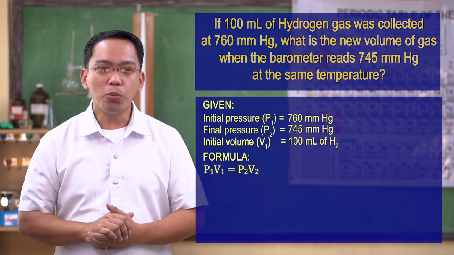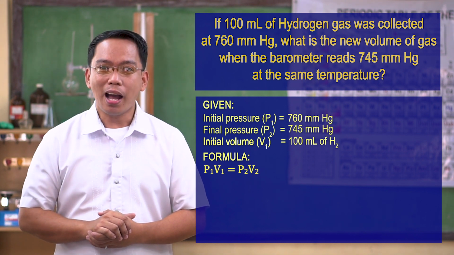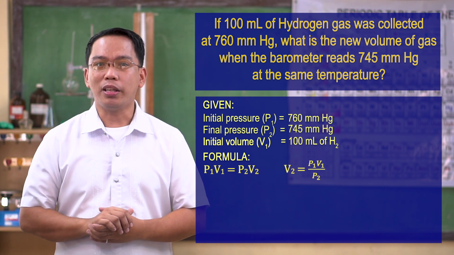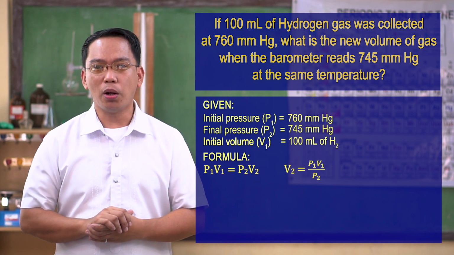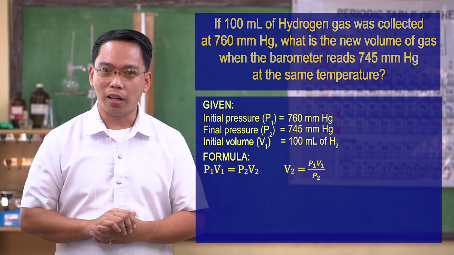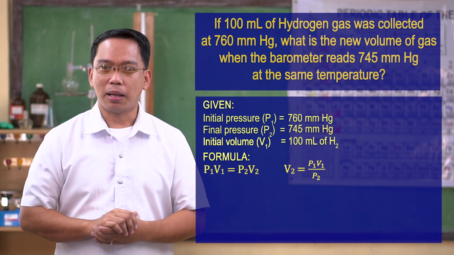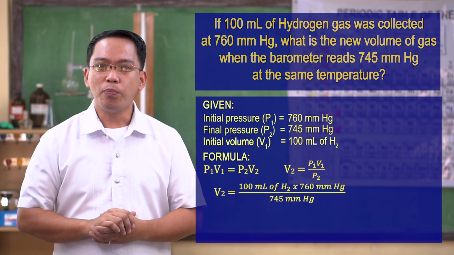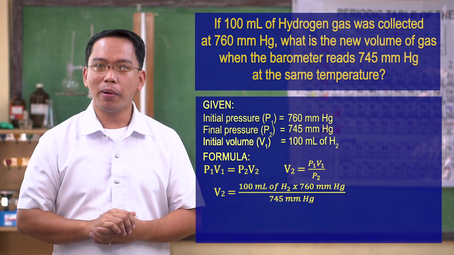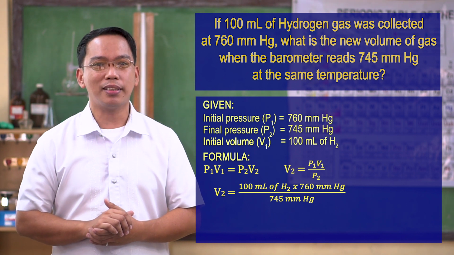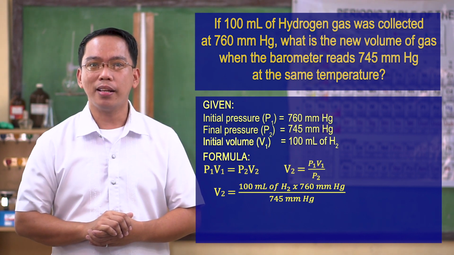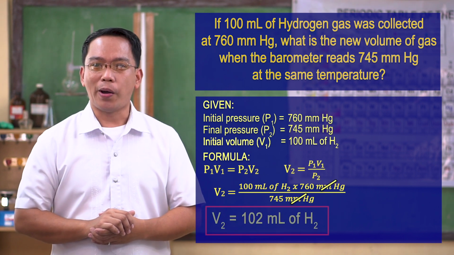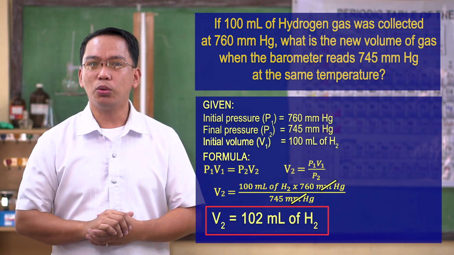Since the final volume is unknown, the formula will be final volume is equal to the product of initial pressure and initial volume divided by final pressure. Substituting the given values, we get final volume equals 100 ml multiplied by 760 mm divided by 745 mm. Therefore, the final volume is 102 ml.